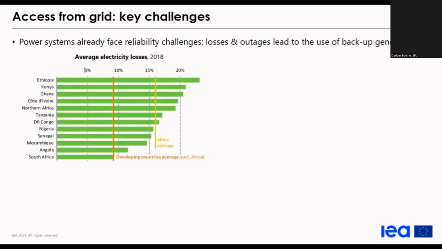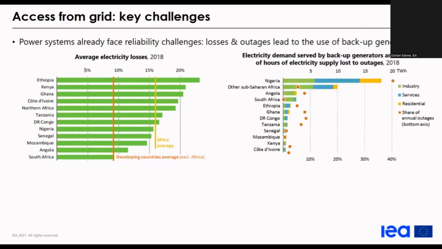But in the case of Africa, we observe very high levels of losses, around 6% above the average in developing countries, with in some countries like Ethiopia or Mali, losses as high as 25%. So these have, of course, consequences for the utility economics, for the power generation, and for the level of service provided to end customers.